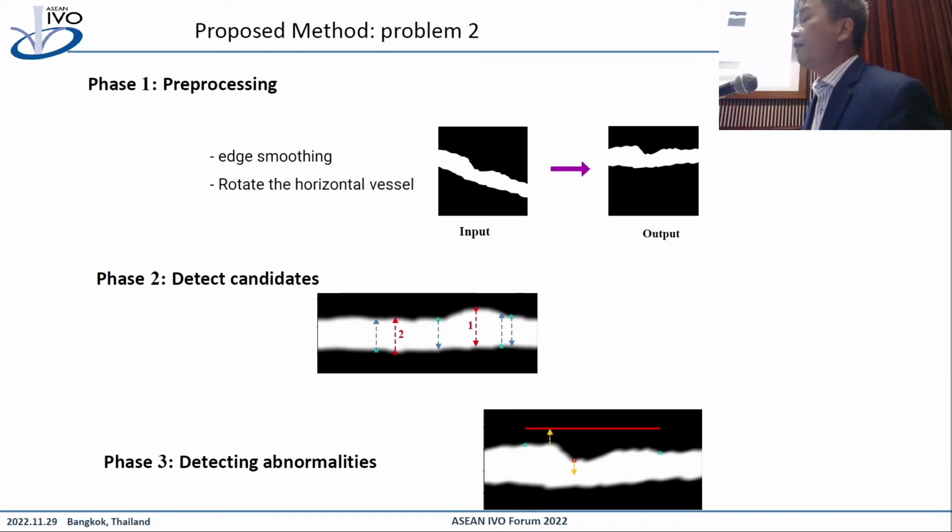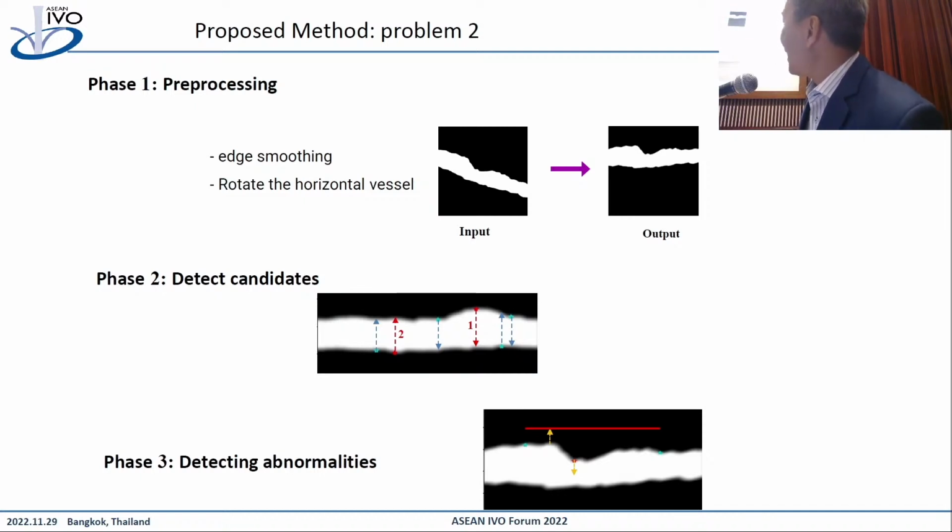The second, the vessel directions are very different, so it is a big problem if we move from vessel to vessel, and we cannot detect what happens inside. So when we rotate the vessel to horizontal, it becomes easy to solve.